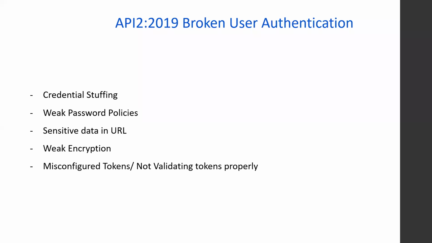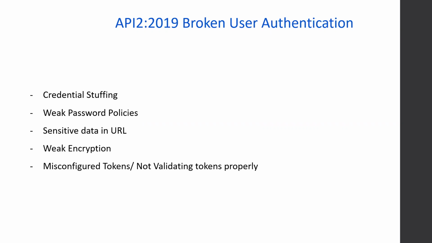So you can refer to such documents from OWASP. Your API should have a good password policy that forces, or let's say advises, the user to set a good password.